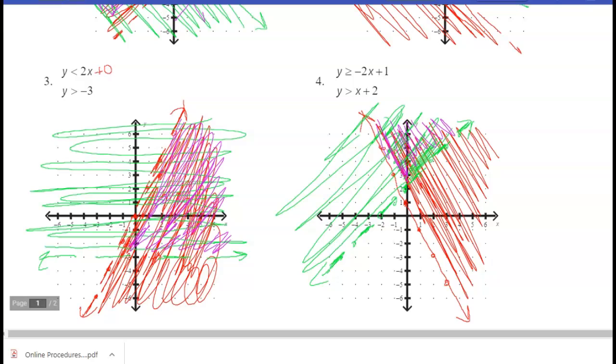I also have some students sometimes point right here and label it solutions. Because there's kind of different boxes. We have a box with nothing, a box with 1, a box with the other one, and then right here is our solutions. This only works for the green one. This only works over here for the red one. This works for neither of them. So our solution is right up here. Any point that I pick up here, so like (0, 4), (0, 5), those would be solutions that would work for both of these.